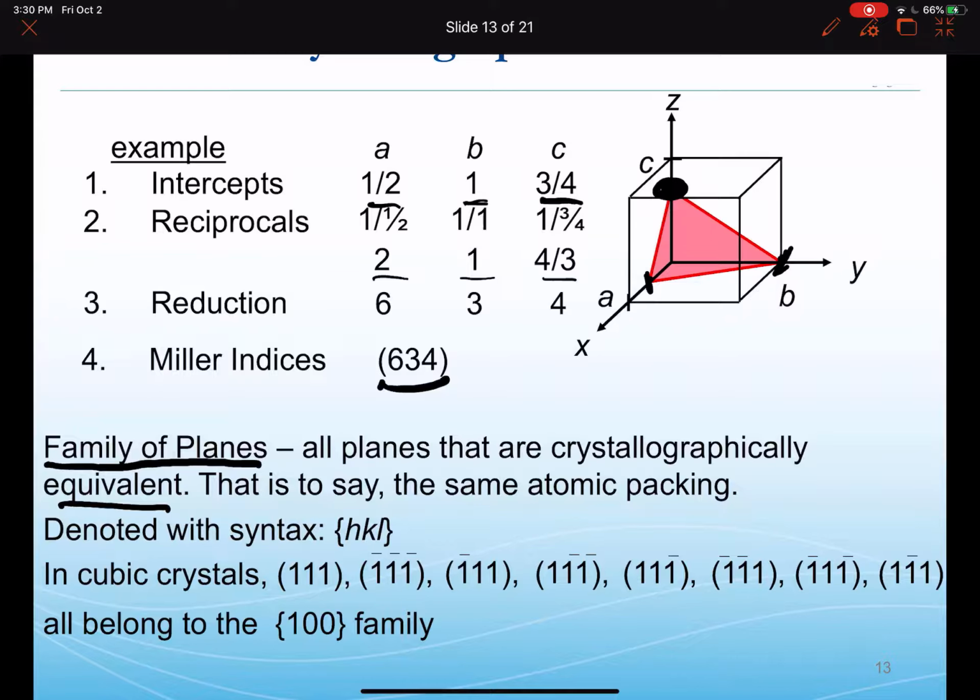So in a cubic crystal, the family represented by the curly parentheses here, {100}, has all these planes above that are parallel and equivalent. They have the same atomic packing if we consider the extended models.